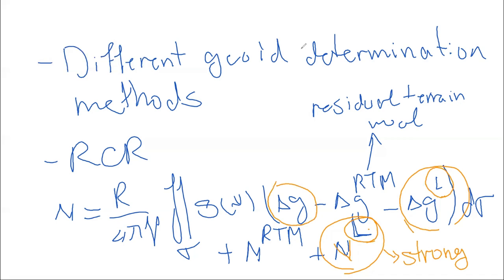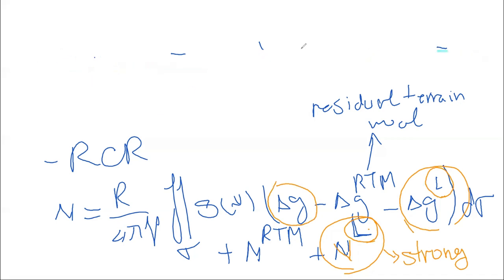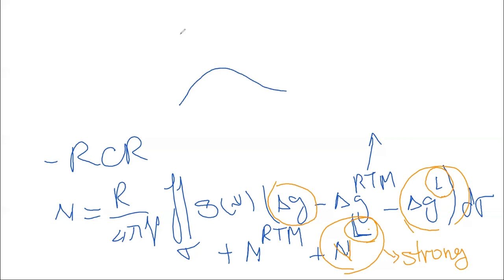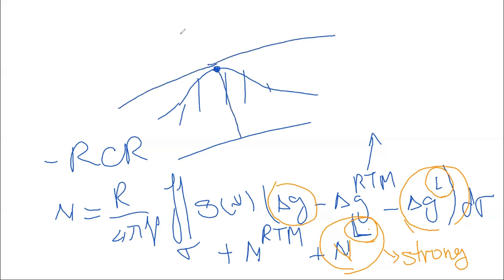Now RTM is a residual terrain model. Let me explain this a little bit. It is similar to the topographic effect. So if you have your computation point somewhere here, and you are at this point, you have the effect of this shell. It's like a terrain effect. Then you can compute the effect of this roughness.